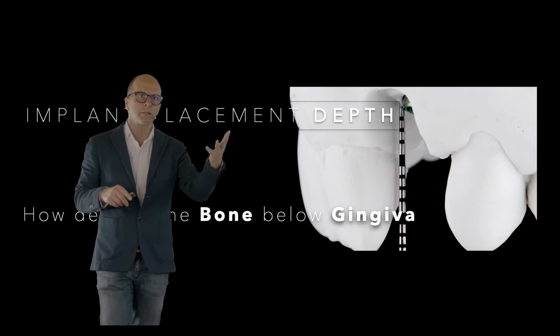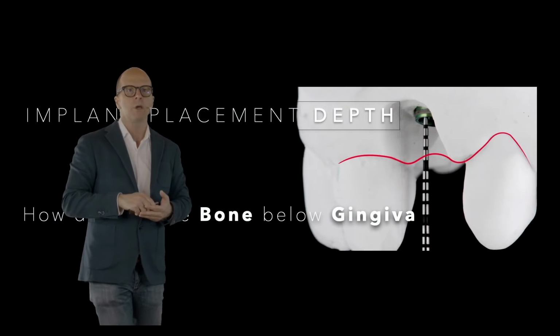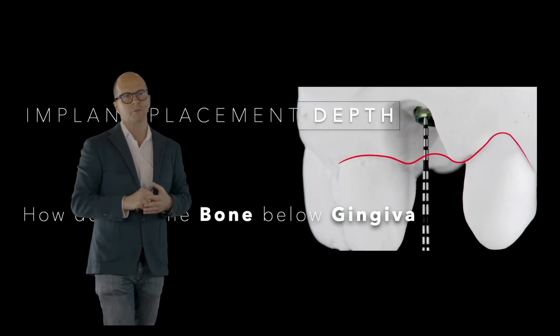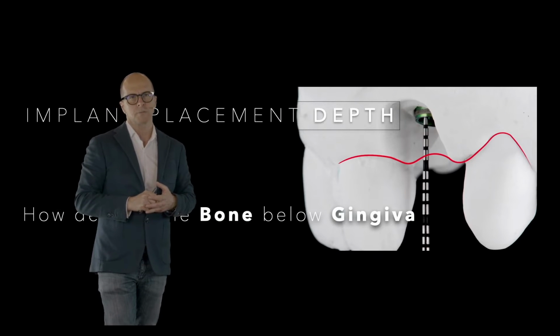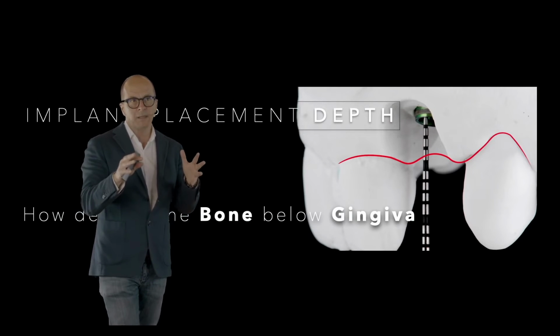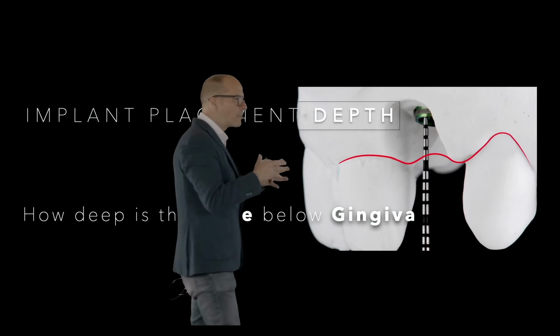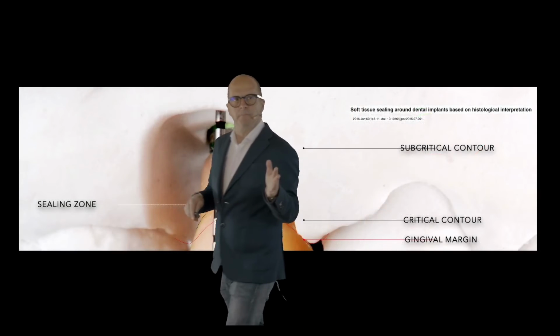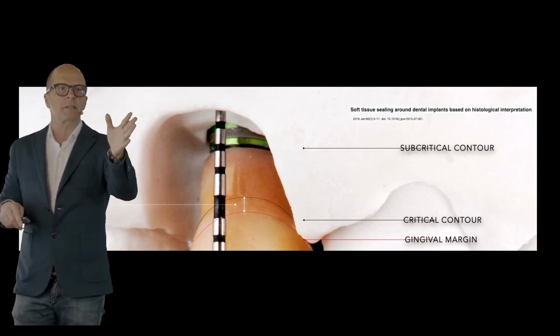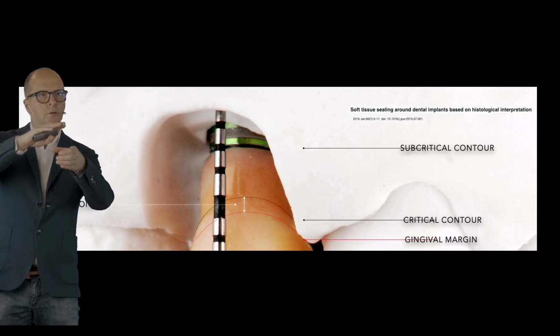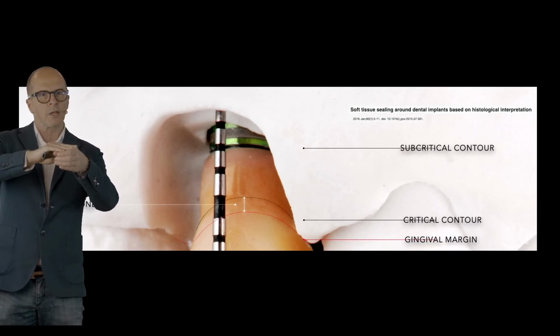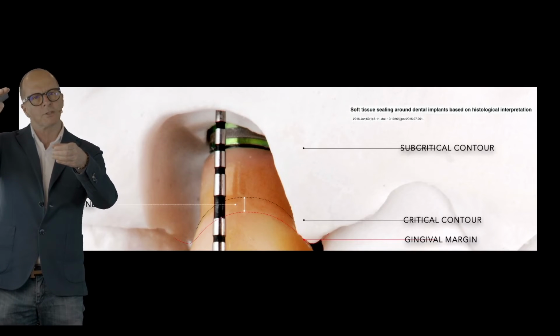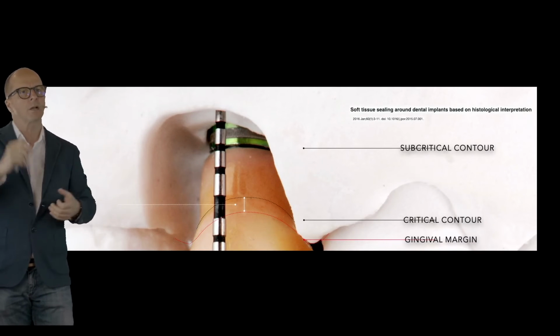It is ideal because we have the micro gap, which is 2 to 4 millimeters from the ideal gingival margin. So the placement is ideal from a prosthetic point of view. But again, we're dealing with a subcritical contour, from the implant abutment connection to the free gingival margin, and we're dealing with the critical contour.